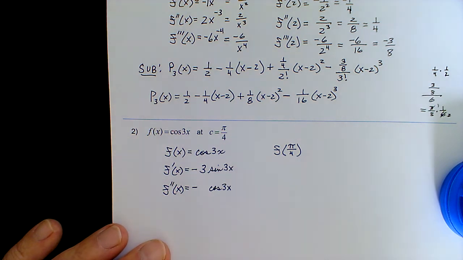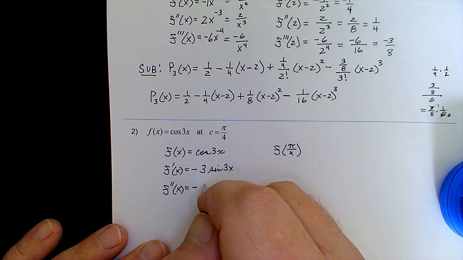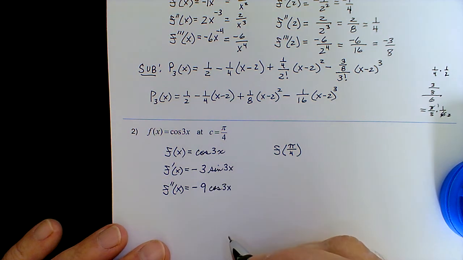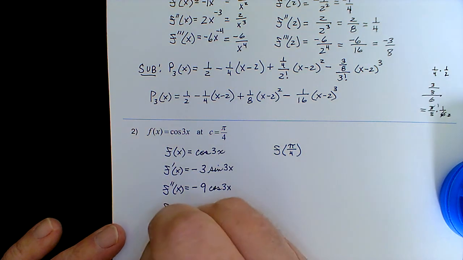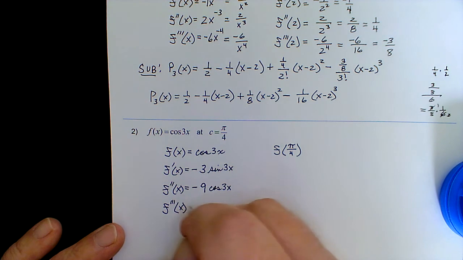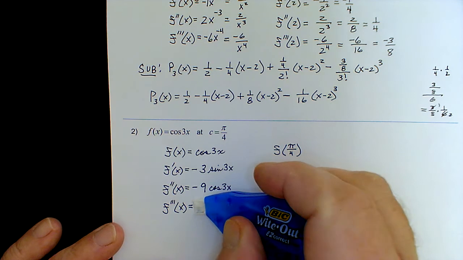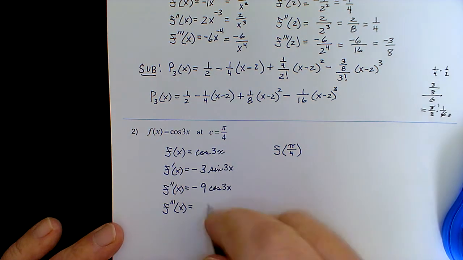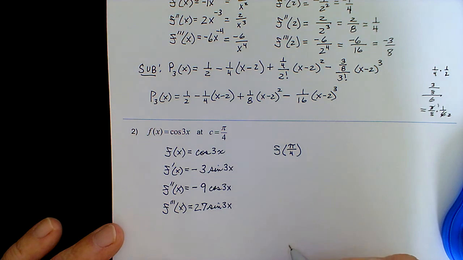And if we were asked about summation notation, I'd tell you to write 3 squared here, but because it's just a polynomial, we're not concerned about preserving patterns or powers, so just another factor of 3 makes it negative 9. And then the third derivative would be now positive, because the derivative of cosine is minus sine, so the double negative makes positive, sine of 3x, and then the derivative of 3x, which is 3, makes the new coefficient 27.